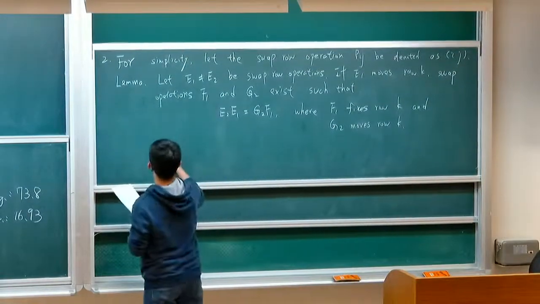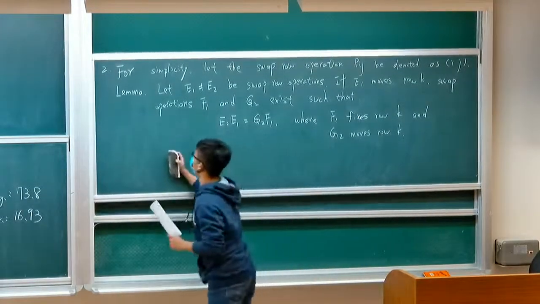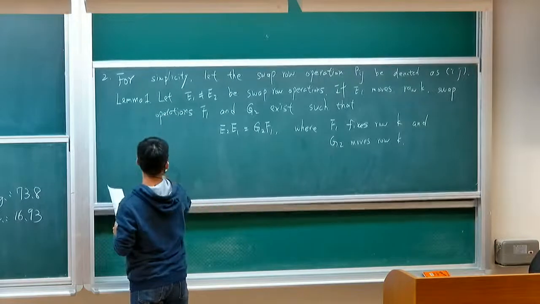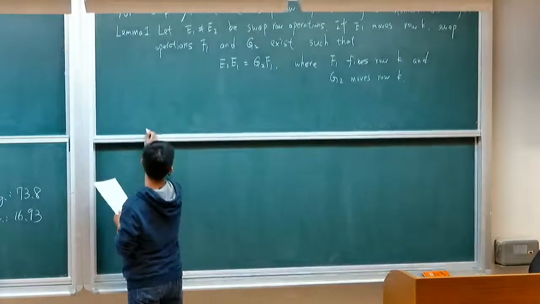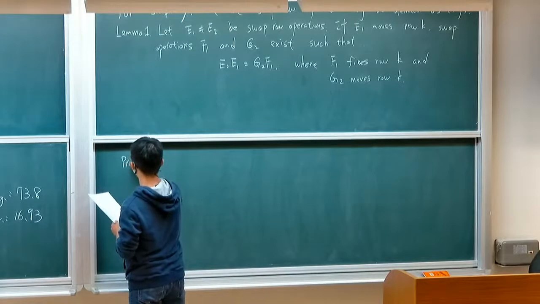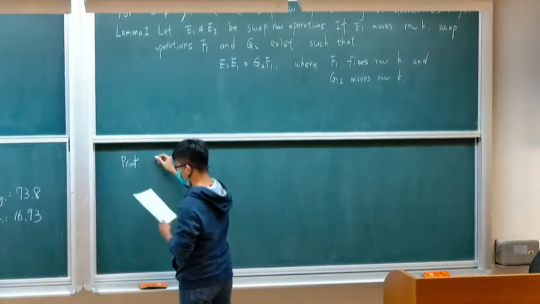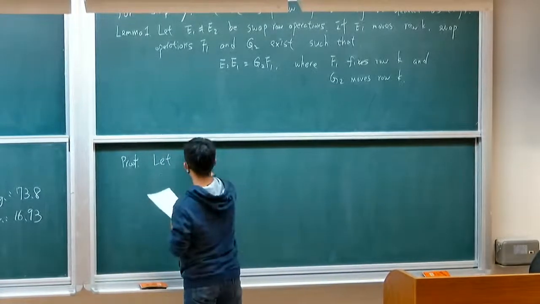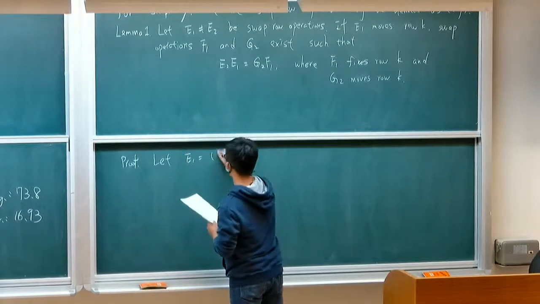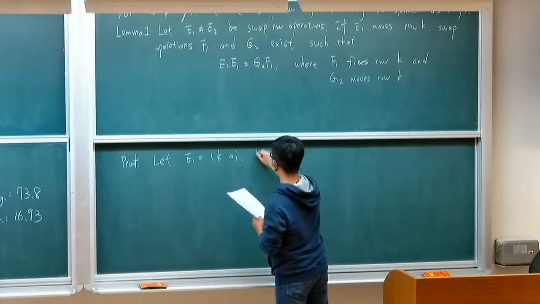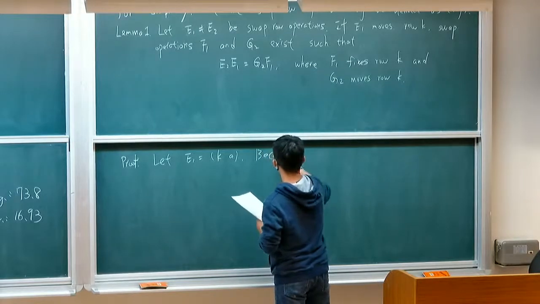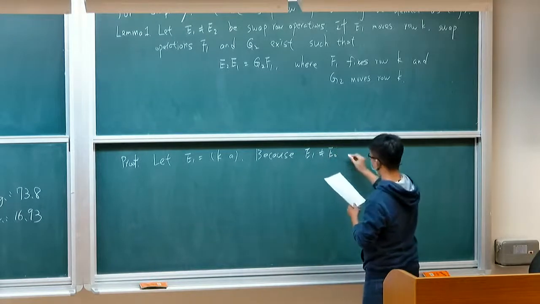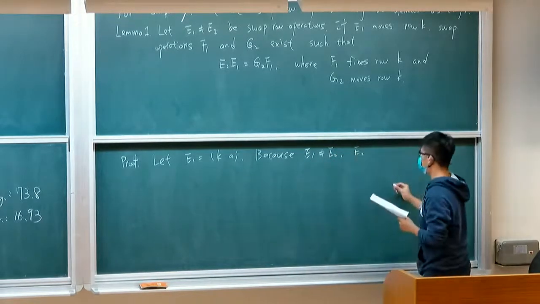Now, first we try to prove this lemma, and we call this lemma 1. Since we said E1 moves row K, E1 is equal to KA. Because E1 is not equal to E2, E2 has three possibilities.